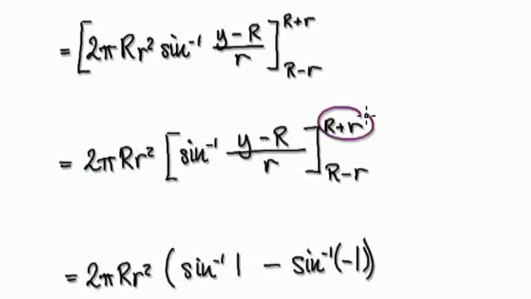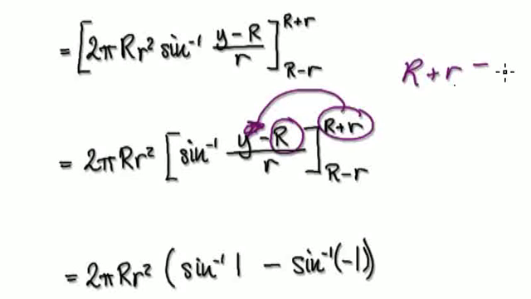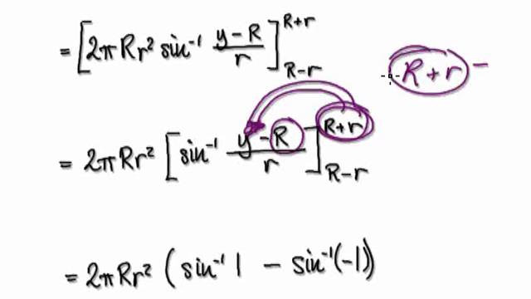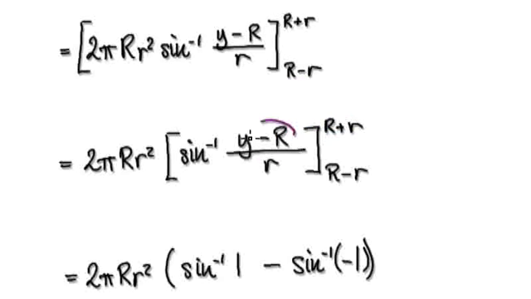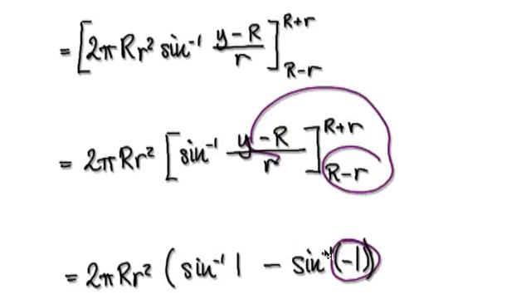So now if you evaluate this, if you put this into the y here, so you've got capital R plus r, and then you've got take away capital R. So this, if you put this into here, it will give you this, but then you've got to take away the capital R. So that would just leave you with small r. Small r over r is 1. So you've got inverse sine of 1 in effect. Do the same here. You're going to have negative 1.